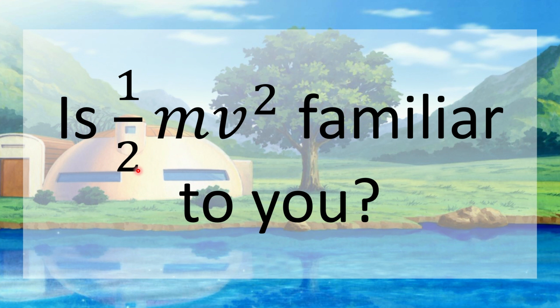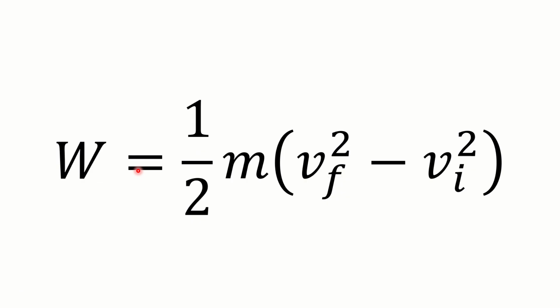If you have already watched the previous video narrated by Sir Pot, 1/2 mv squared is actually the formula for solving kinetic energy. So therefore, we can rewrite this equation as 1/2 m vf squared minus 1/2 m vi squared. So the vf just means the final velocity, while the vi just means the initial velocity.